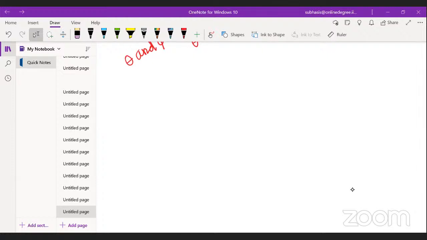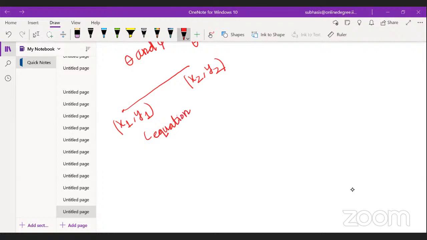So if you have 2 points, suppose x1 and y1, how will you compute the equation of the line which passes through these 2 points?